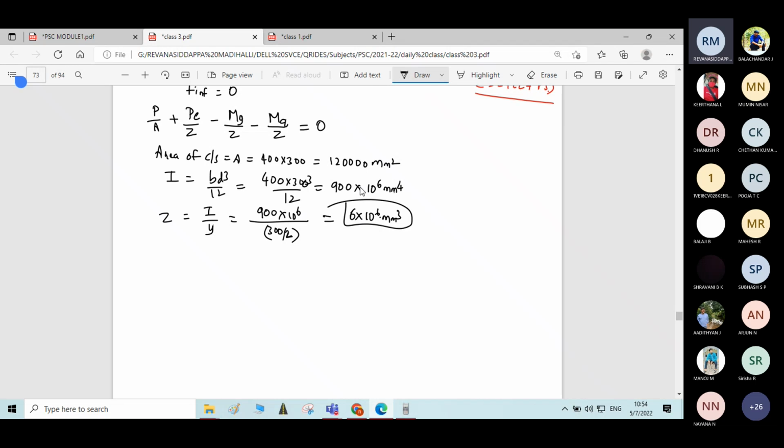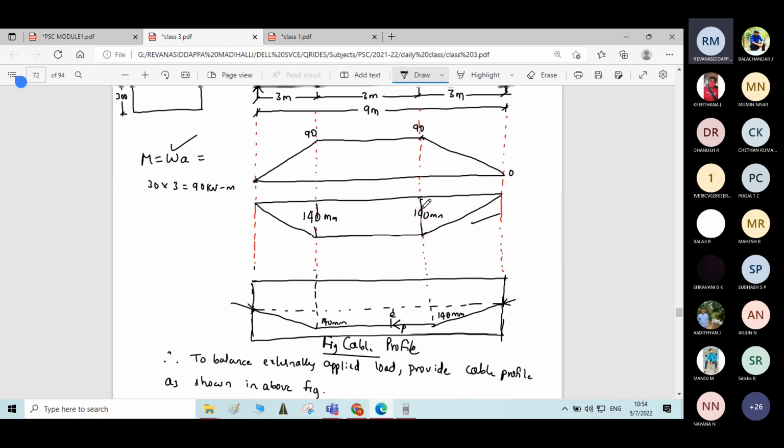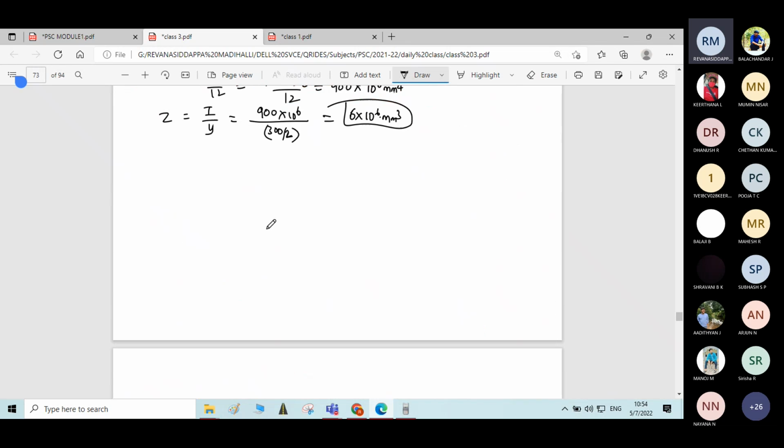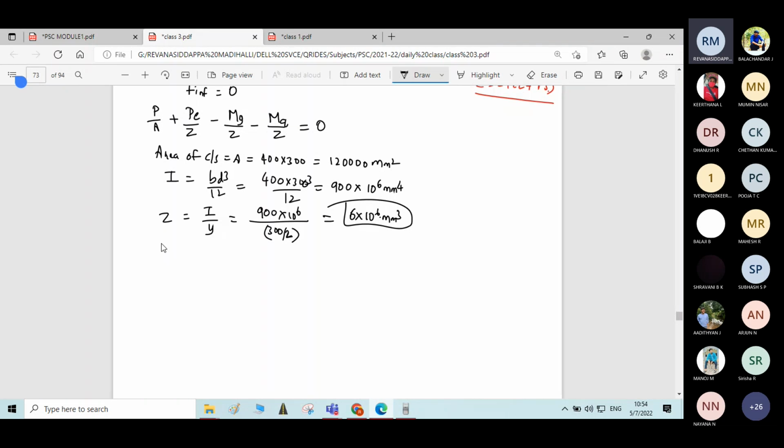MQ is already known. Moment due to live load is 90 kilonewton meter, calculated in the beginning. Now we calculate MG, the self weight moment. Dead load of the beam is equal to cross sectional area into density.